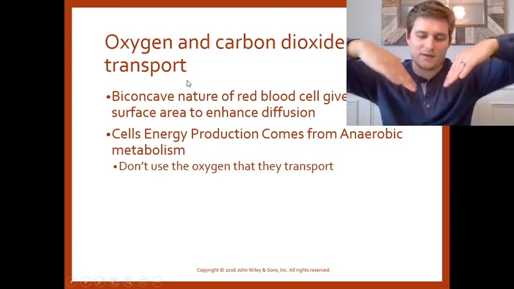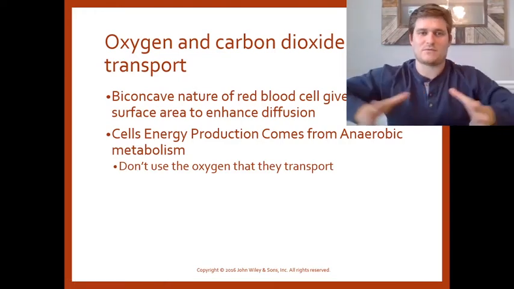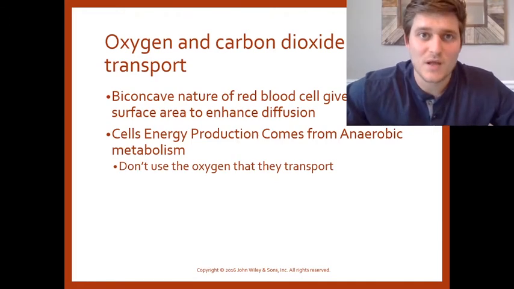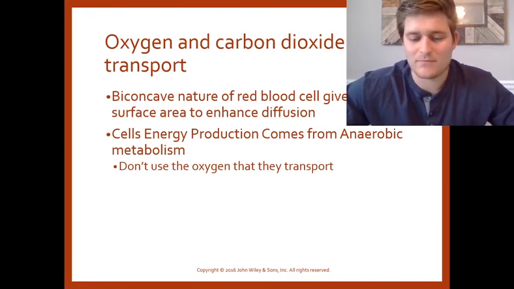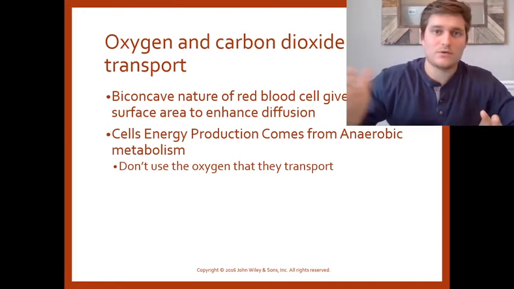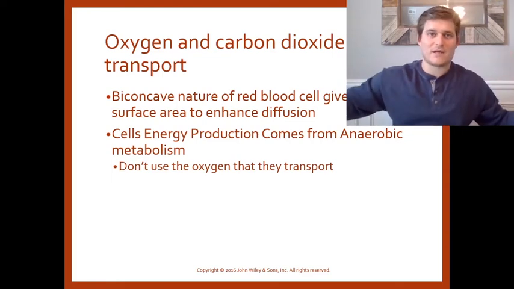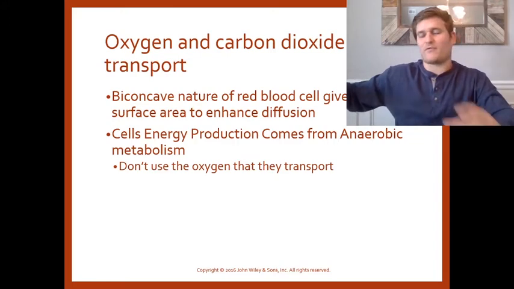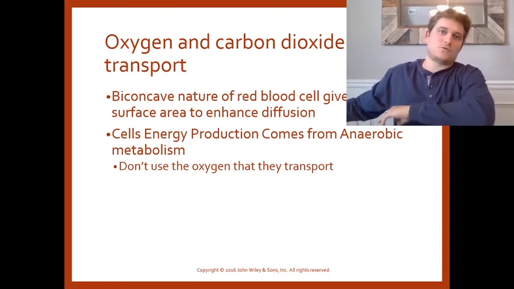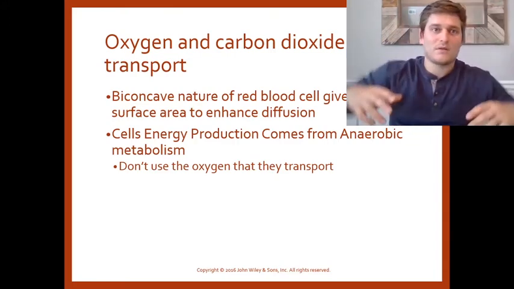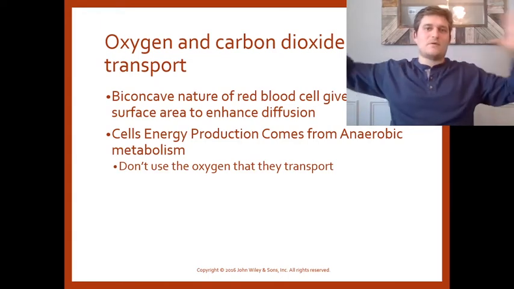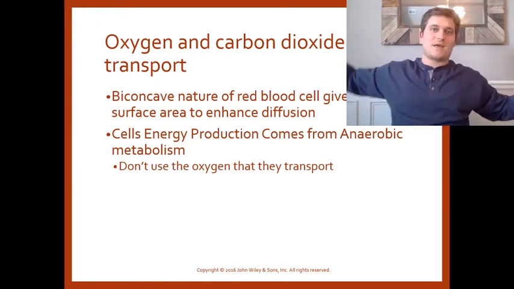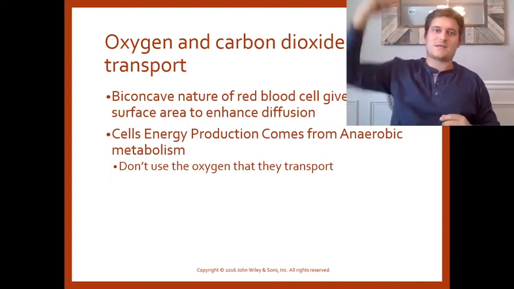That biconcave nature allows it to have a great surface area, and when you talk about diffusion of gases through a wall, you're going to want as much surface area as possible, right? If I was trying to get something from one side of a wall to the other, I would want as many people as possible lined up across the wall, more surface area making contact, so then we could get something from one side to the next.